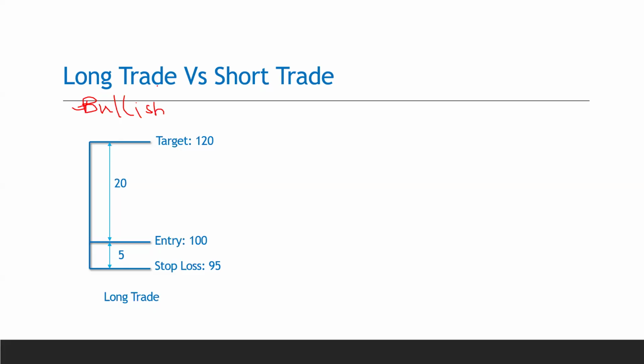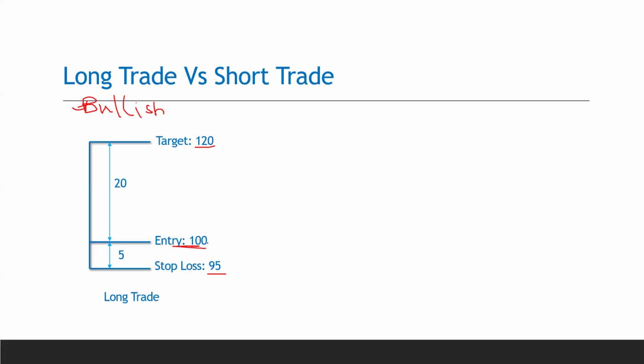When you say long trade, usually what people do, let's say if I buy something at 100, I set a stop loss at 95. And I give a target of 120. Okay, it can be a mental target, or there are some platforms where you can actually set a target in your order from where you give the orders, right?